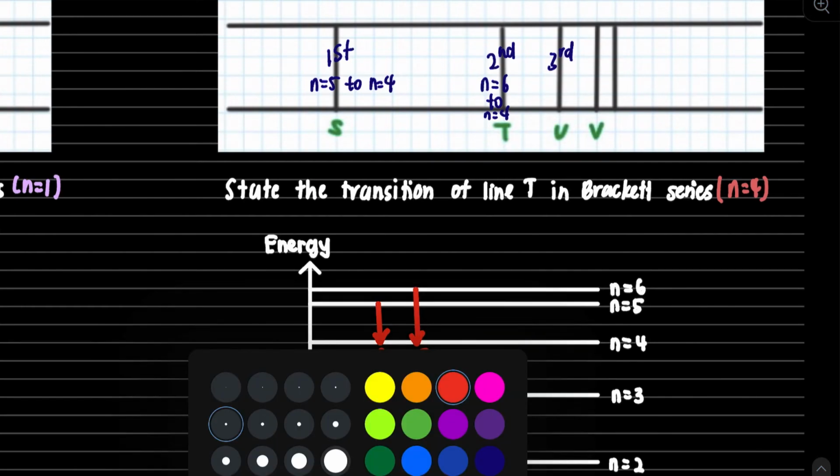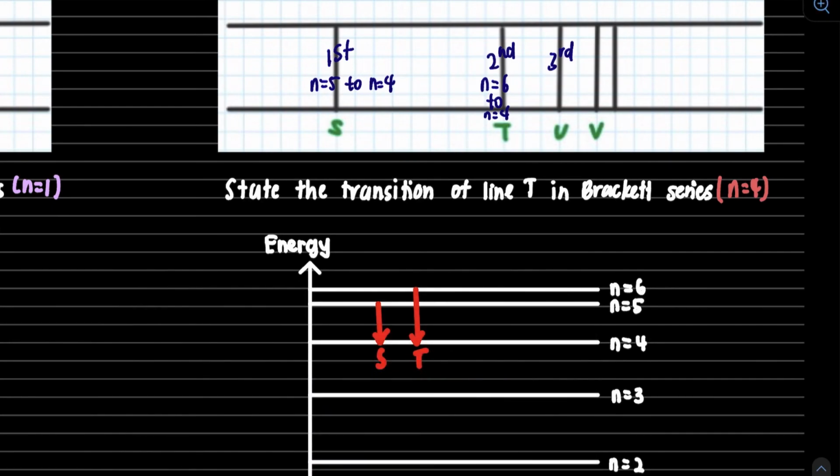So this is my T. For example, we make another line closer. Okay, for example, this is my n equal to 7, the topmost one. So here the third line, we know, is n equal to 7 to n equal to 4. So 7 falls to 4, and this is our U.